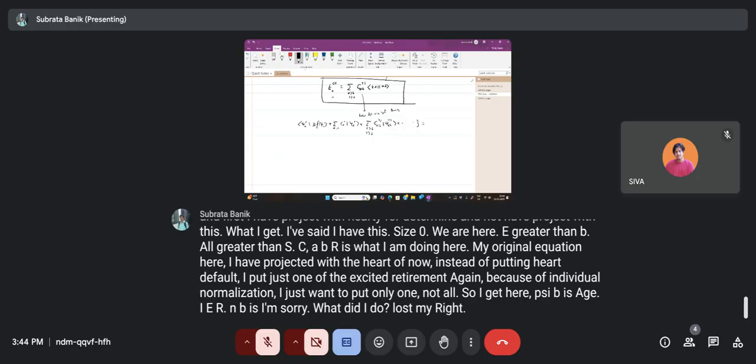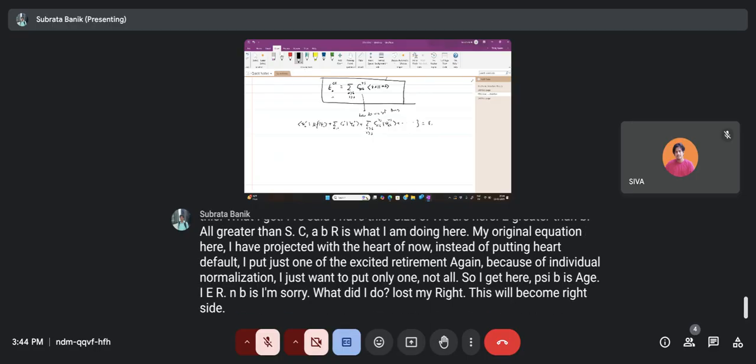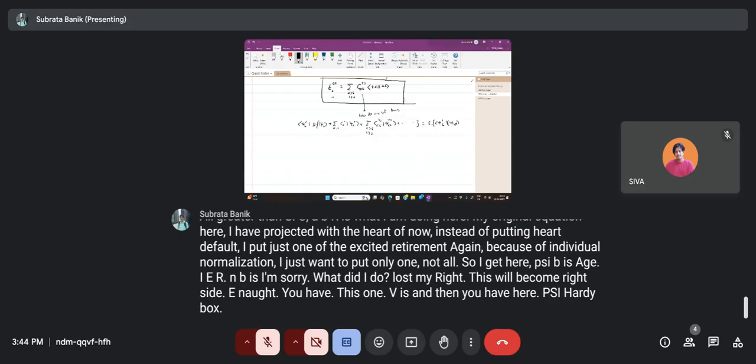Right? This will become E naught on the right side. You have this psi B S, and then you have psi Hartree-Fock plus the sum over A R of C_A^R psi A R, and so on.